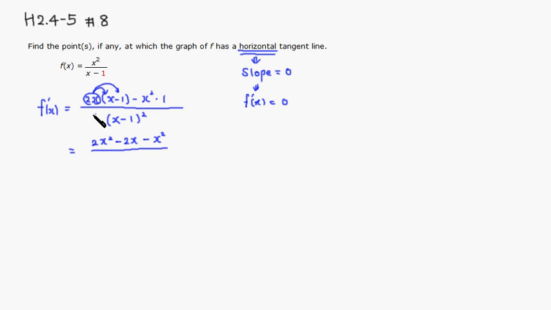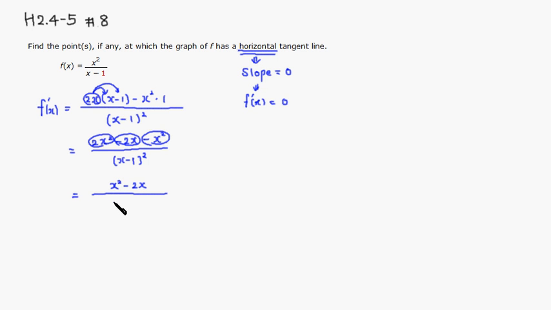You have x minus 1 quantity squared on the bottom. Then we can collect the like terms on the numerator. So you have 2x squared minus x squared, which is just x squared, minus 2x.